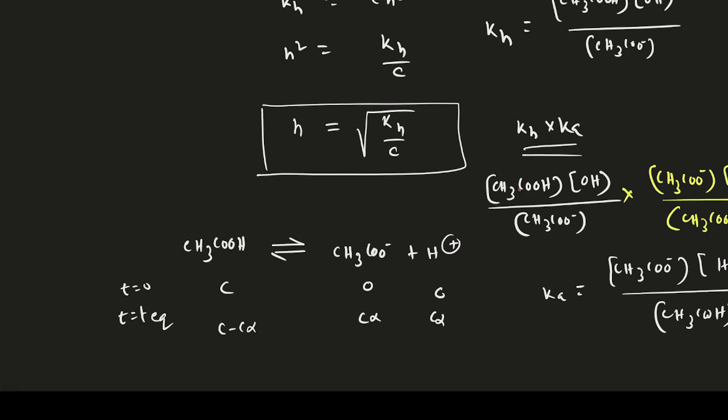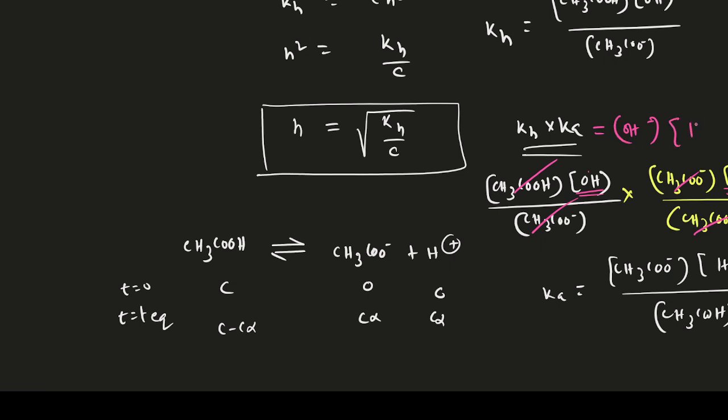If I look at it, this value is cancelled, this value is cancelled, so what remains is H plus times OH minus.